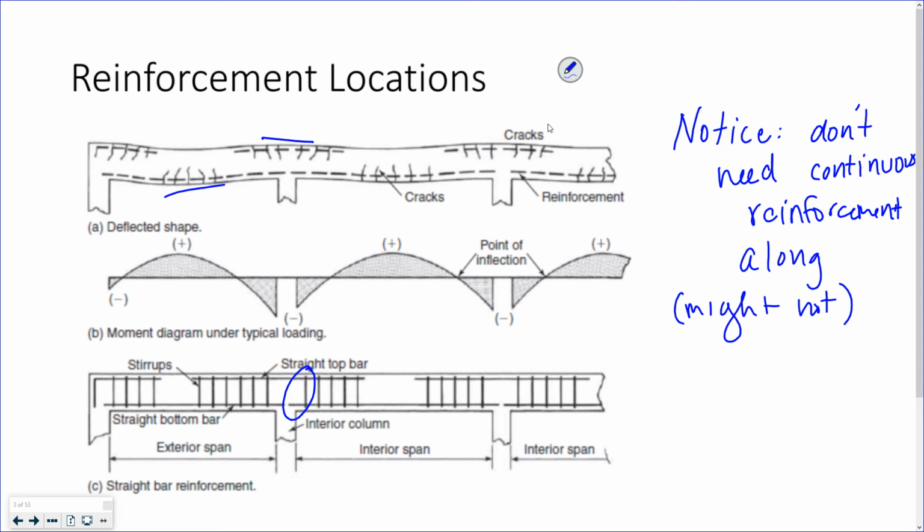We talked about that when we talked about concrete or compression reinforcement. One reason is just to anchor the ties or the stirrups. So that's where we want to put reinforcement.